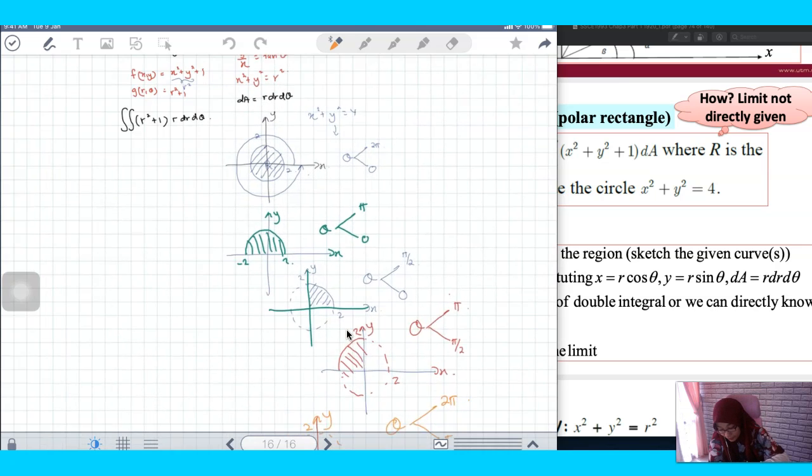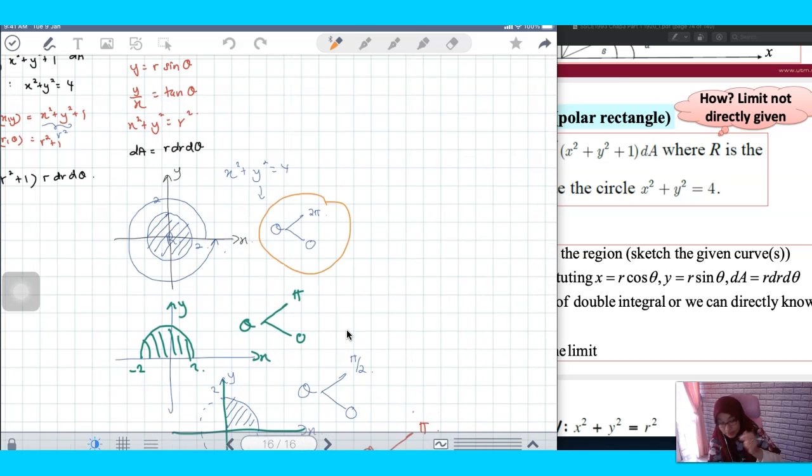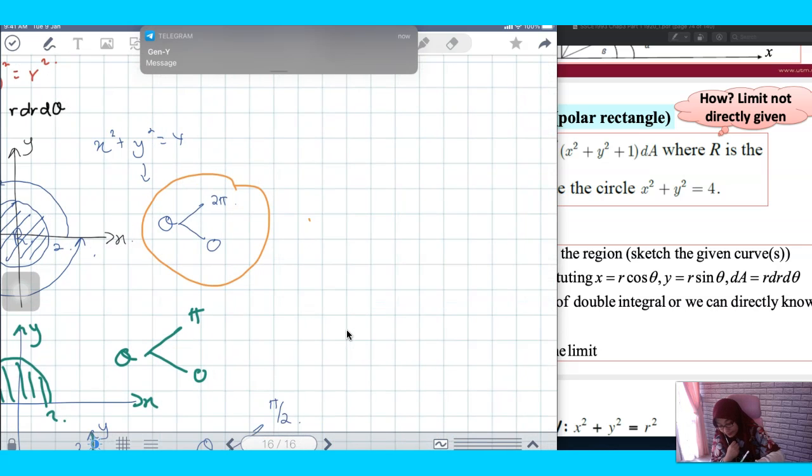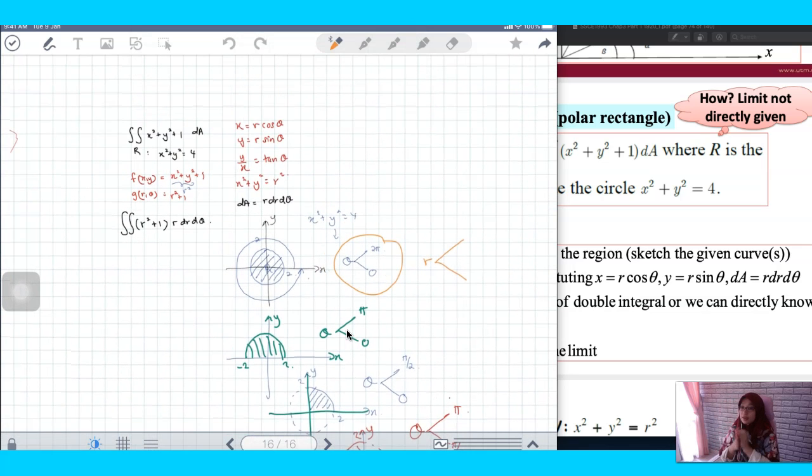So now we obtain that for a complete circle, the limit of theta is 0 to 2 pi. Now we want to look at the limit of R. What is R? R is the radius of the circle. So you are very particular on the radius of the circle.